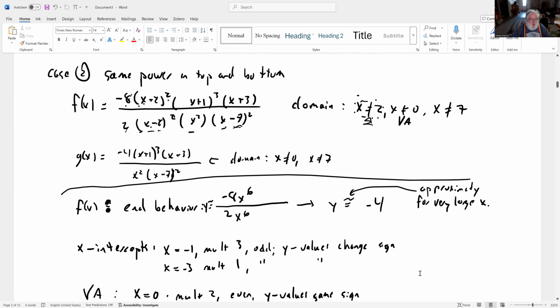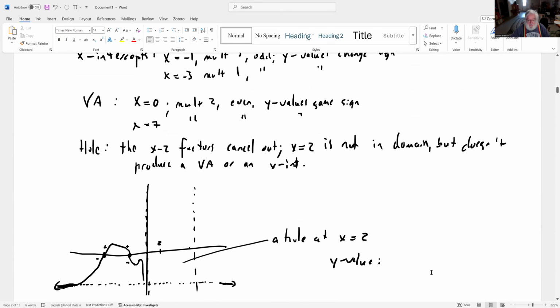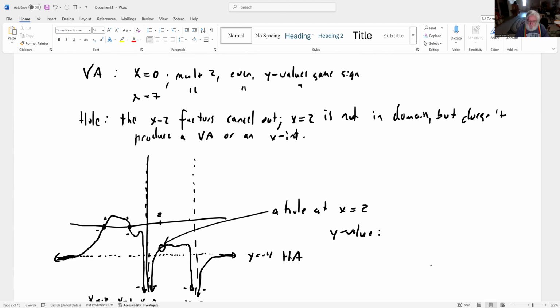If we just plug x equals 2 into that, that's going to be minus 4 times 2 plus 1 cubed, because that's the x plus 1 term, 2 plus 3, over 2 squared, that's our x squared in the bottom, and then 2 minus 5 squared.